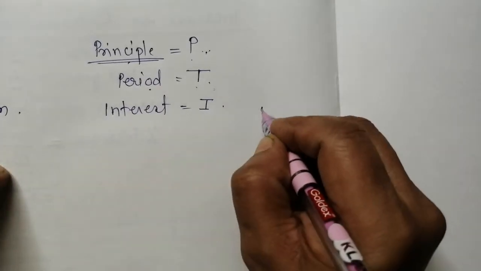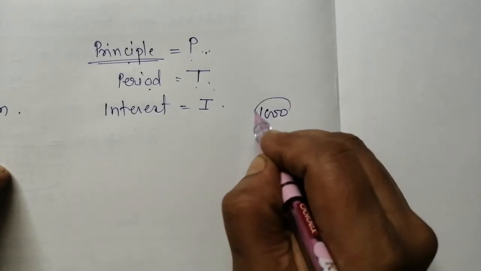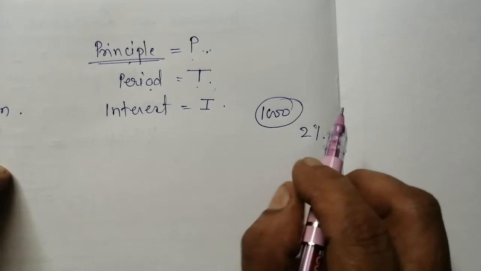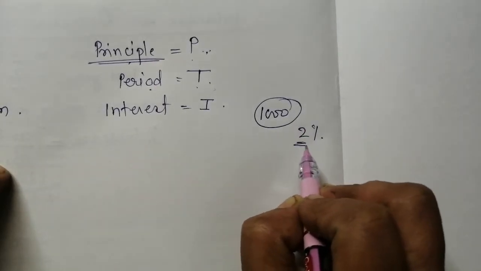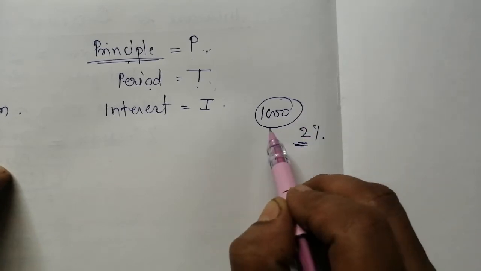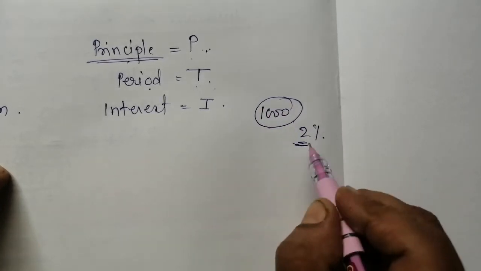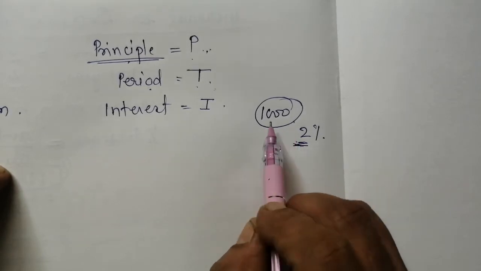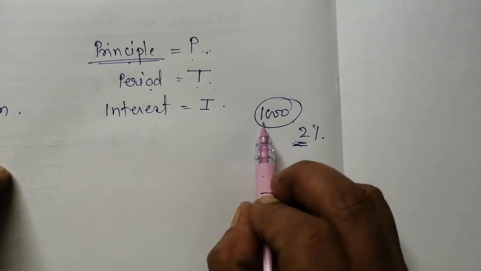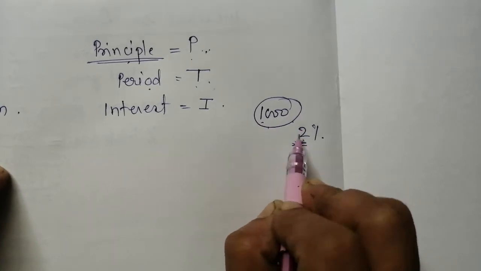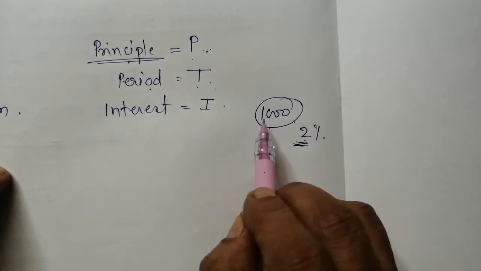Suppose you have taken 1,000 rupees from your friend and you are paying 2% for it. 2% means for every 100 rupees you are going to pay 2 rupees. So for that 1,000 rupees, you are going to pay 20 rupees to the person, as an extra amount.